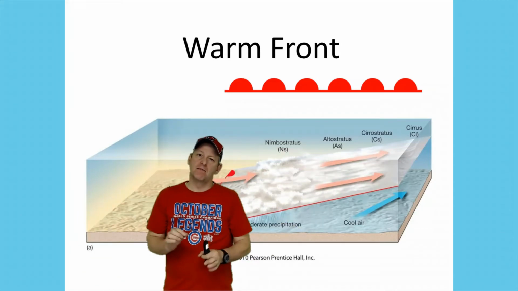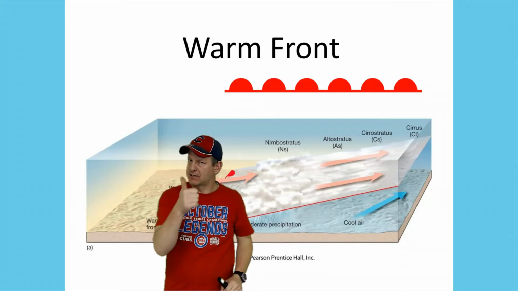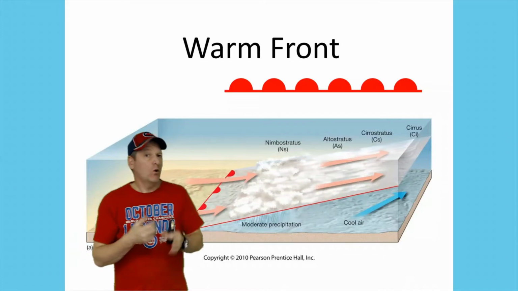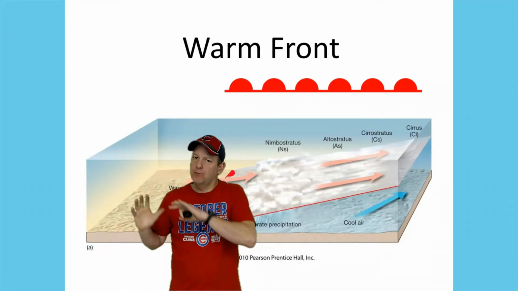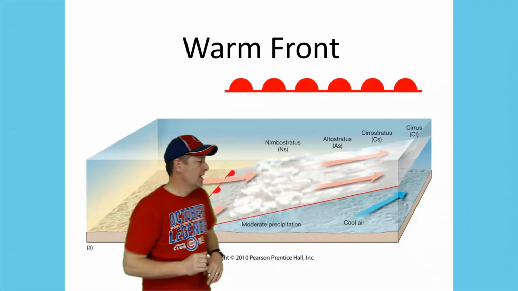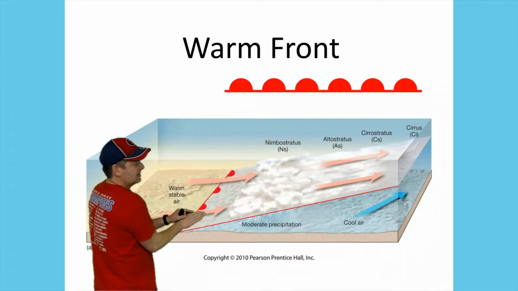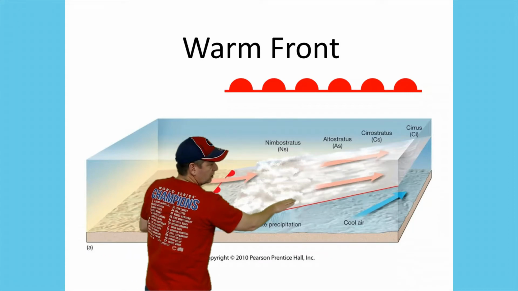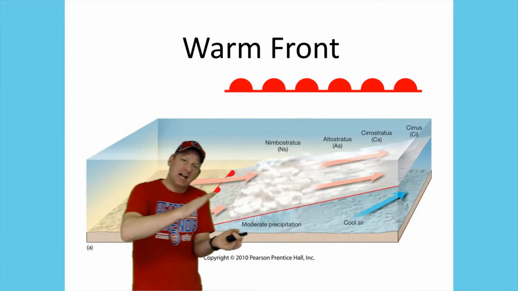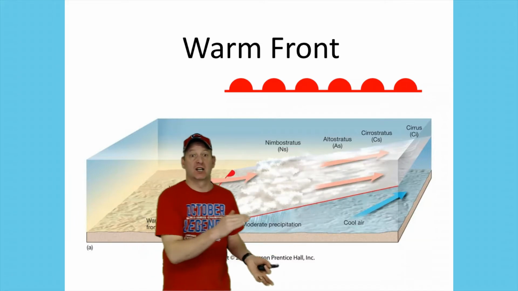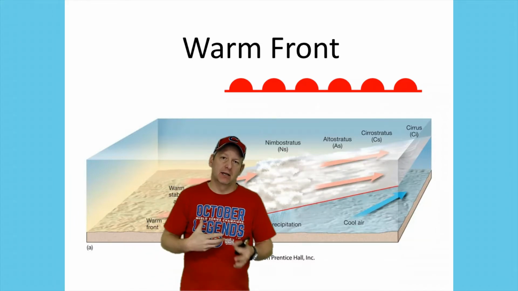But you've got to remember, when that cold air came in, it's more dense. Therefore, you would expect that great big wall. The warm air is not going to be as dense, and so it's trying to push dense air out of the way. And so what you end up seeing is a more gradual push. It kind of starts to flatten out, and we start seeing this nice little wedge that occurs here. This is a warm front.